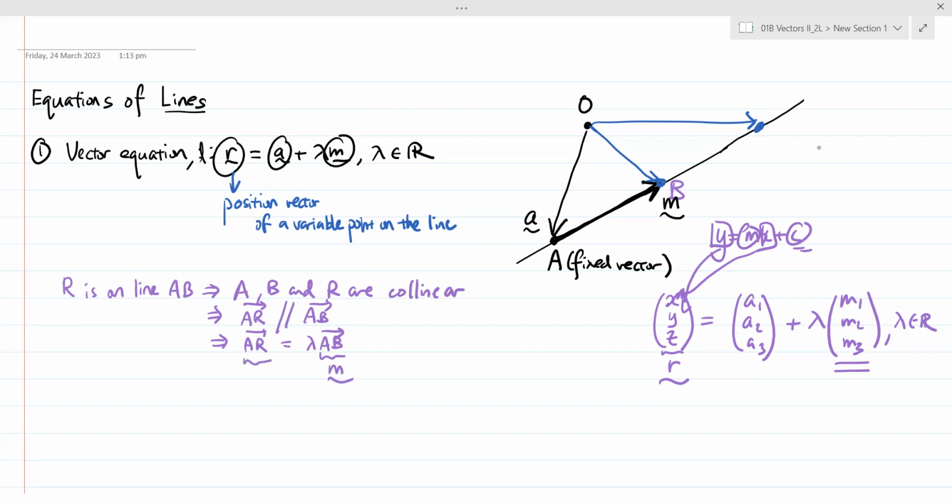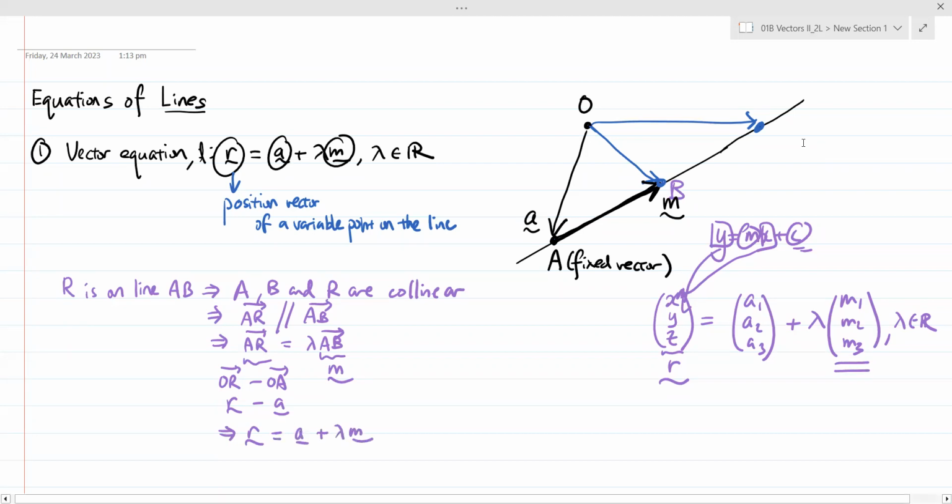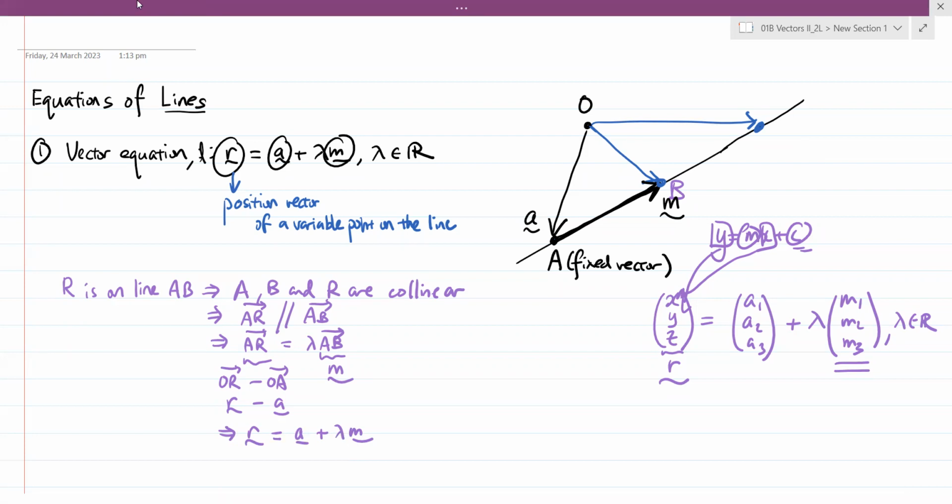My AR is OR minus OA, which is r minus a. So by manipulating the equation, you have r equals a plus lambda m. That's how the equation comes out. There are many ways to see this, but going back to the collinearity concept is clearer.